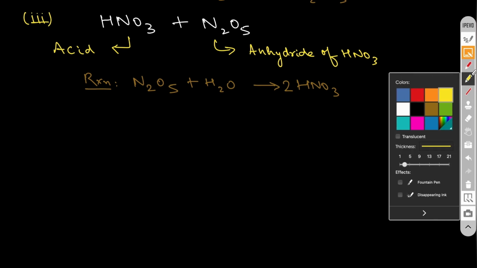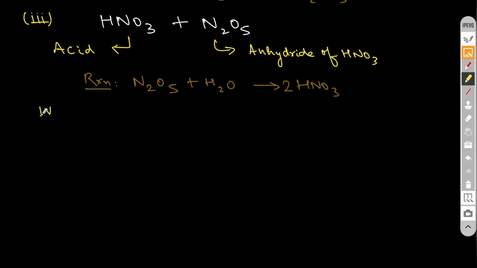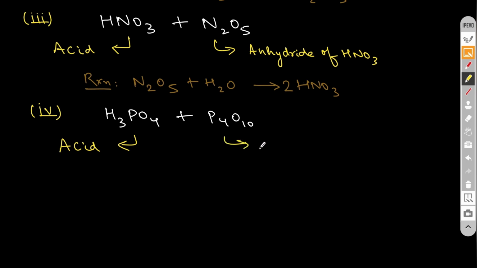Now we'll write the fourth mixture which behaves as oleum. It is H3PO4 plus P4O10. A mixture of H3PO4 and P4O10 behaves as oleum. Here H3PO4 is the acid and P4O10 is the anhydride of H3PO4.